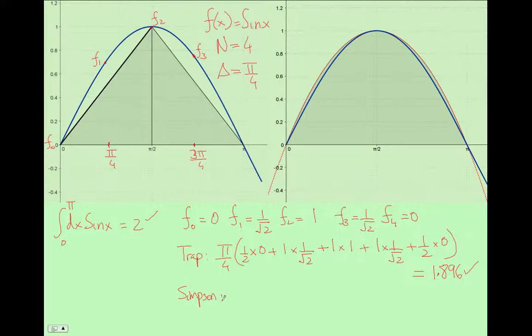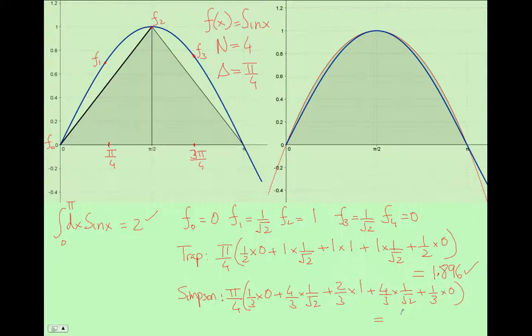Let's now use Simpson. And the only difference again is in the weights. Instead of what we have above, we have 1/3 times 0 plus 4/3 times 1 over square root 2, then 2/3 times 1, 4/3 times 1 over square root 2, and then finally 1/3 times 0.